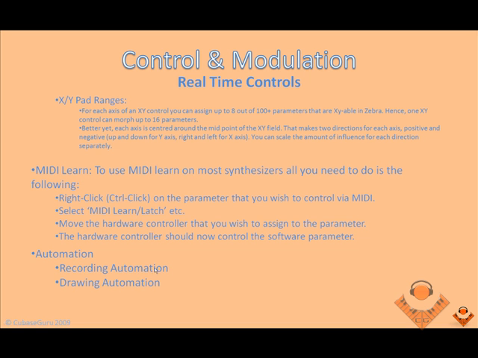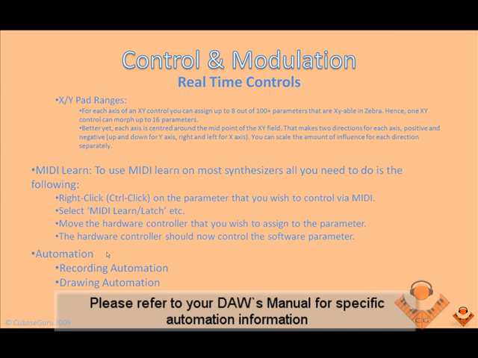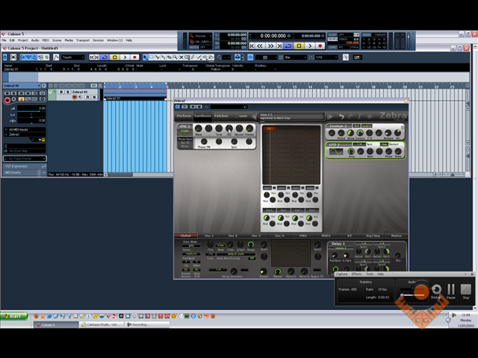Okay, automation. Automation is reliant on the application you're using. I'll show you how it's done in Cubase. We want to automate the tuning knob using hardware. All we need to do is right click, select MIDI Learn, turn the knob on your hardware, and there you go, that's it assigned.